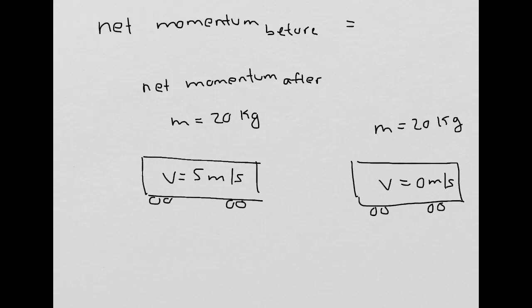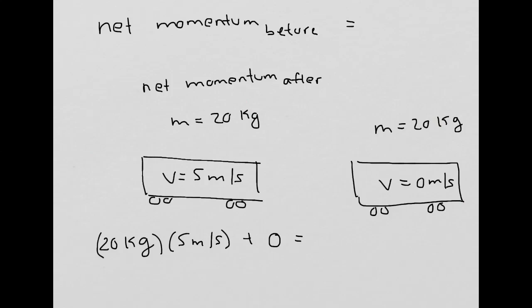Okay, well, we know that net momentum before must equal net momentum after. When we talk about net momentum, we're talking about the momentum in the whole system, and this system is comprised of these two trains. Okay, so momentum before is the momentum of the first train, which is 20 kilograms times 5 meters per second, plus the momentum of the second train, which is 20 times 0, so that's 0, will equal the net momentum after the collision.